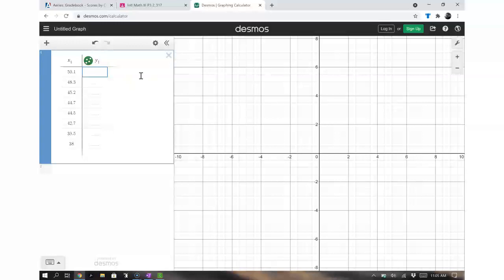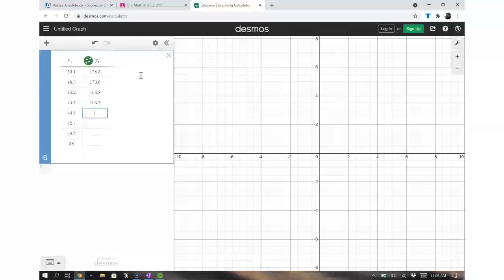Now I'm going to do the same thing with my y values. Now remember, these are scatter plots. We're trying to create a bunch of points on my graph. Okay? So let's do the y value. 178.5, 173.6, 164.8, 163.7.